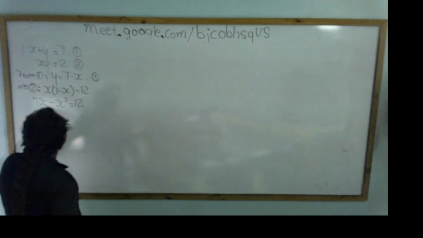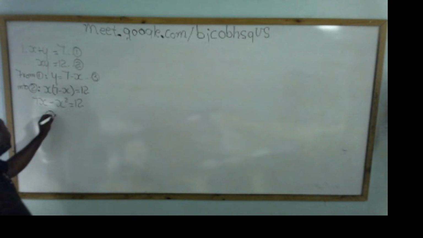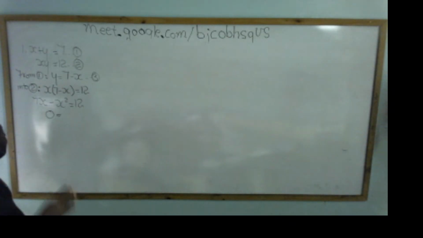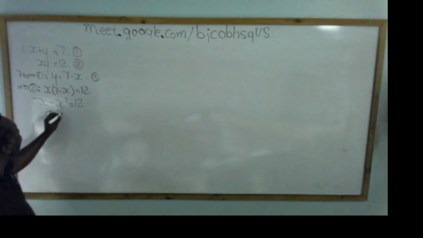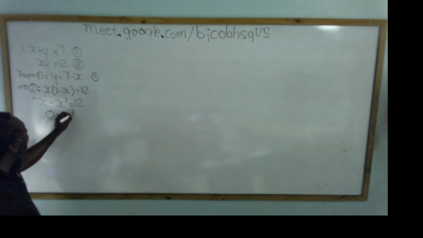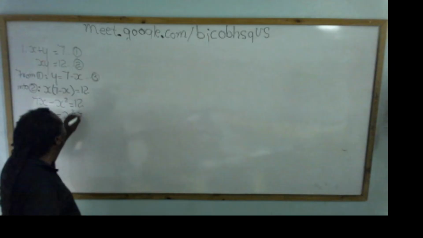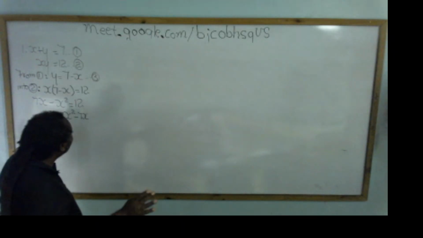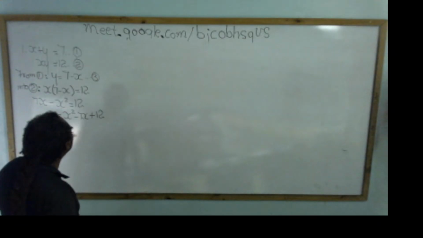Let the left hand side be 0, and then put the entire trinomial on the other side. We'll eliminate the negative x squared by addition, so we have a positive x squared here. We'll eliminate the positive 7x by subtraction, so negative 7x right there. The 12 stays on that same side.